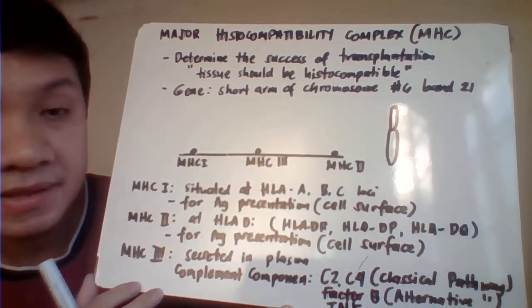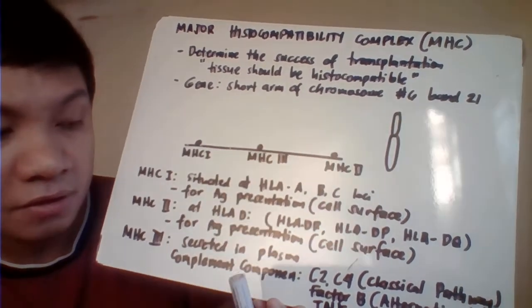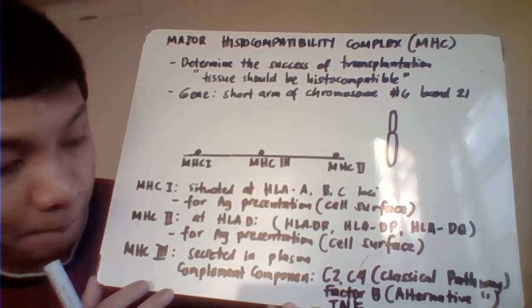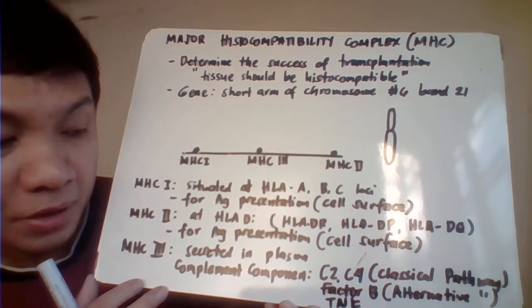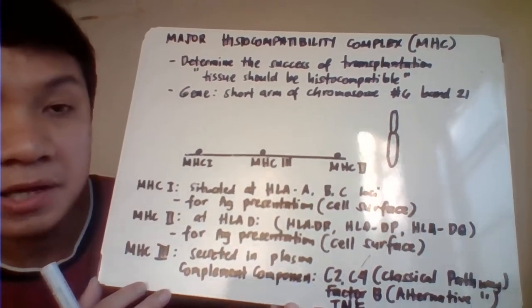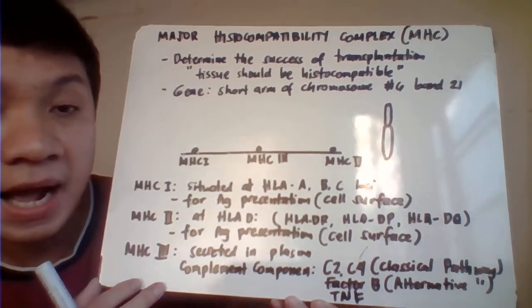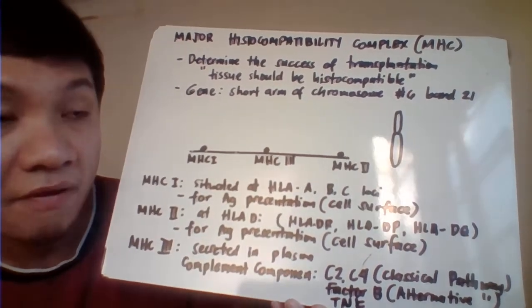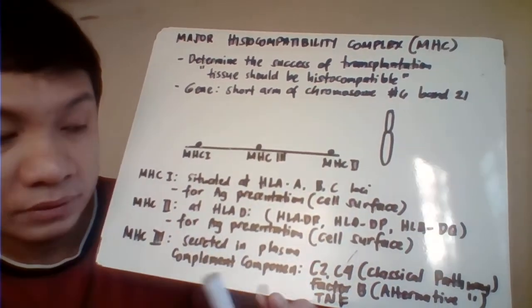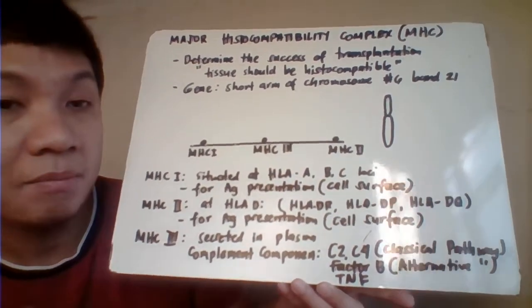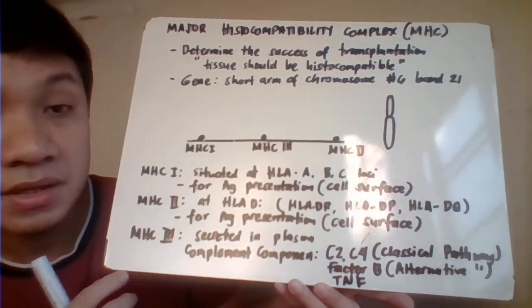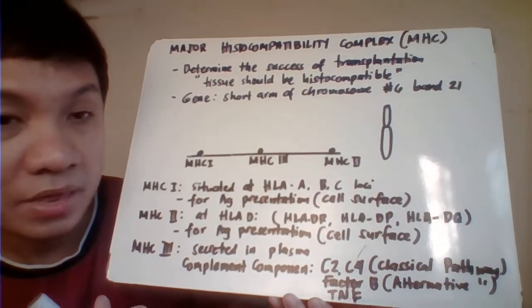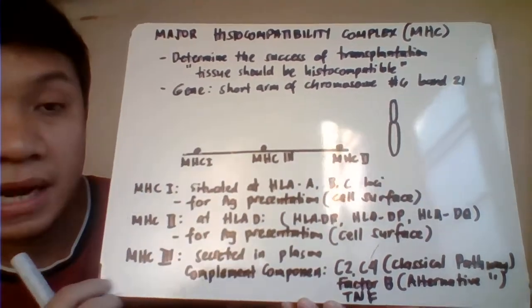And your MHC class 3 is also coding here for the production of your tumor necrosis factor. Okay, your tumor necrosis factor and our complement here are not involved in your antigen presentation. So they have another function. They have a separate function. Complement and tumor necrosis factor are not involved in our antigen presentation, unlike your MHC class 1 and our MHC class 2.